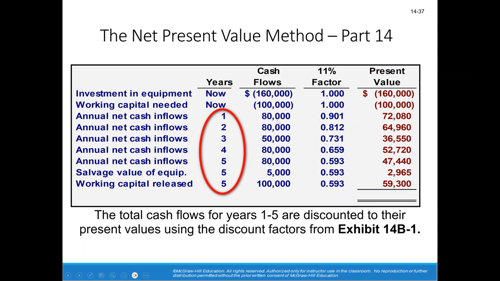In the other ones, we could look at an annuity of however many years at 11%, what that factor is. Here we have to go to the tables and go, okay, 1 year from now, 11%, what is cash worth? 2 years from now, 11%, what is cash worth, etc. And so we're going to add up all these numbers.